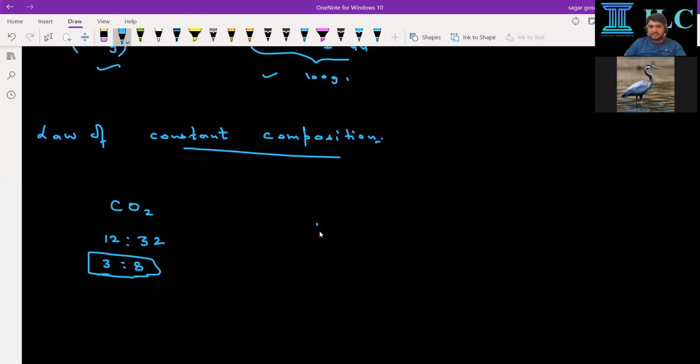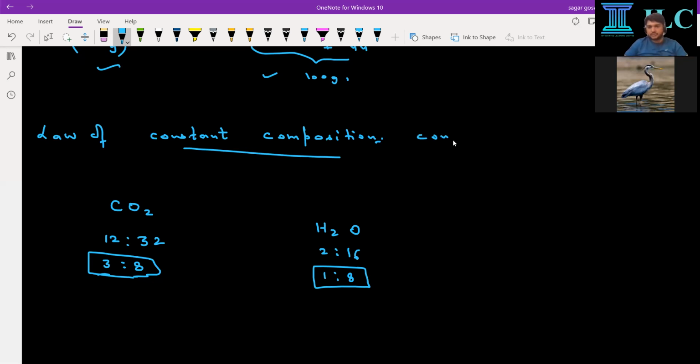Same thing if I say H2O. It is 2 ratio 16. What is the simple ratio you will get? 1 ratio 8. Okay. So this is the law of constant proportion. Whenever a compound is formed, they are combining in a fixed mass ratio.